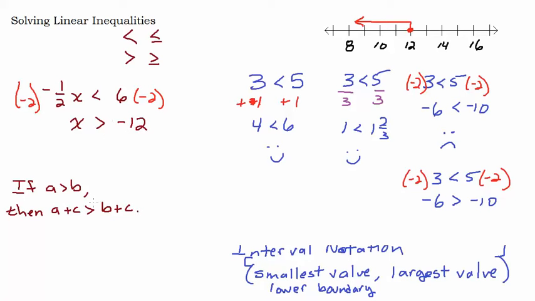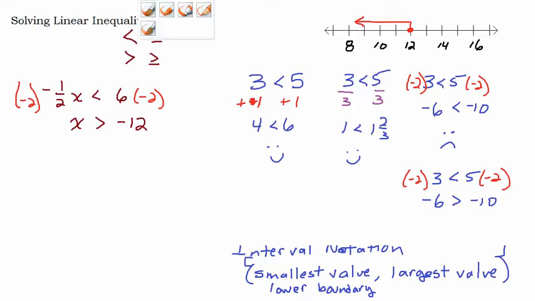Okay, so let's write this down. And it's also going to be true for dividing. I'll show you that here in a minute. So this is the big new concept here.